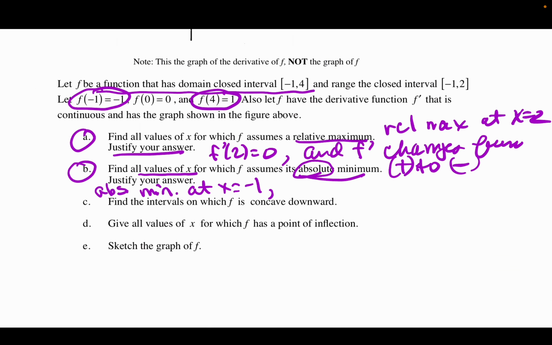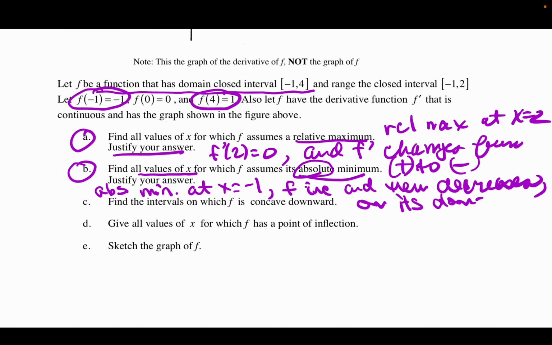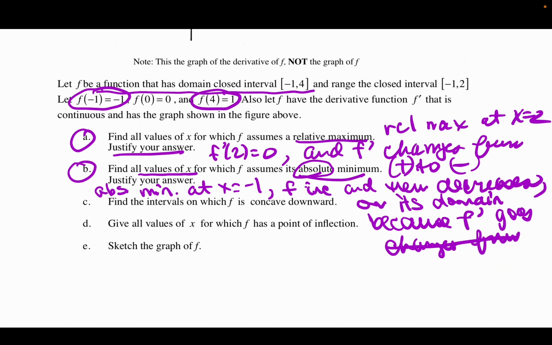And I would say that's because I know that my function increases and then decreases on its domain because f prime changes, or goes from positive to negative.